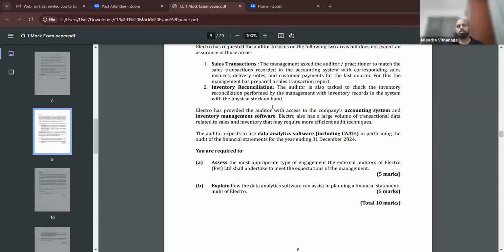Shall we write down? Audit planning, only at planning time, not in substantive procedures or anything. So write there, everybody. Clear?